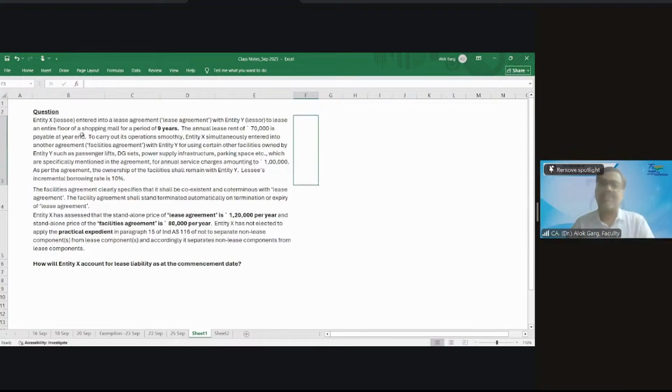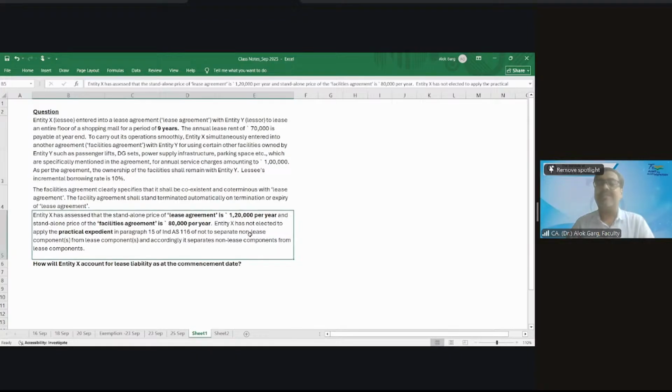So in this question, the standalone price of the lease agreement and non-lease agreement is given. 1,20,000 is the standalone price of the lease agreement, and 80,000 is the standalone price of the maintenance agreement, the facility agreement.